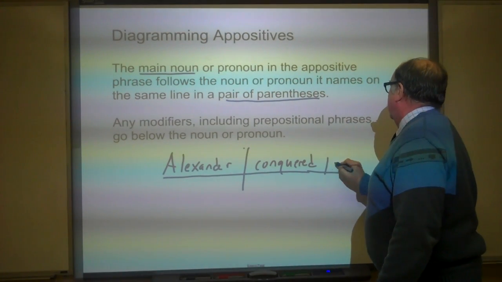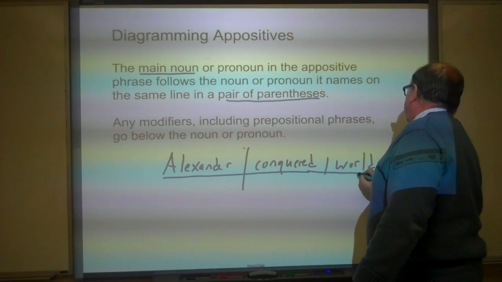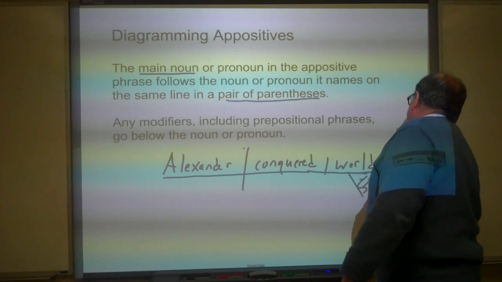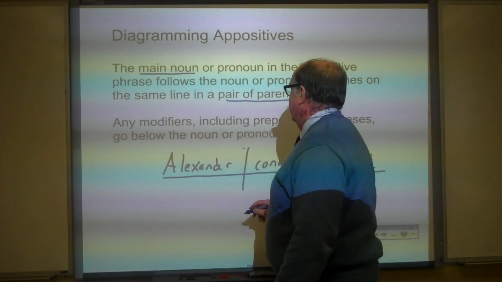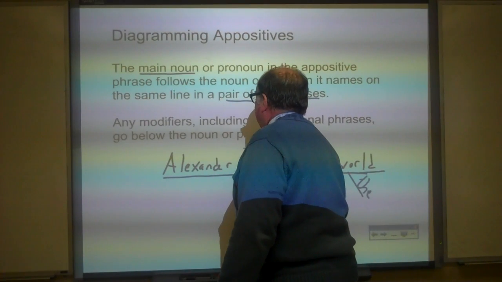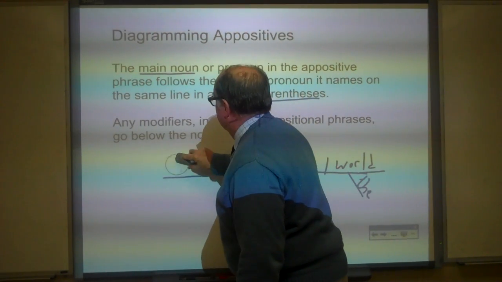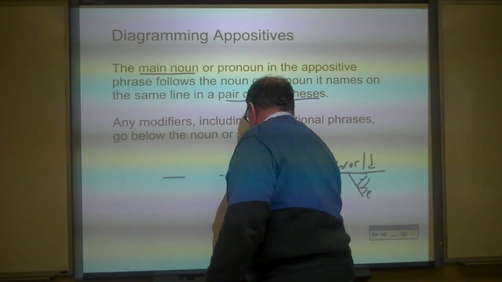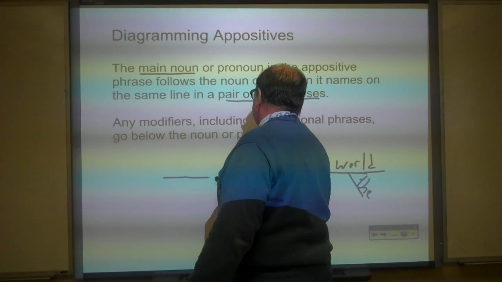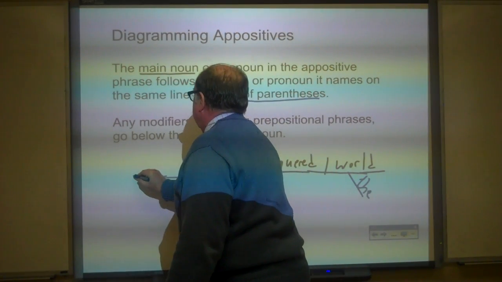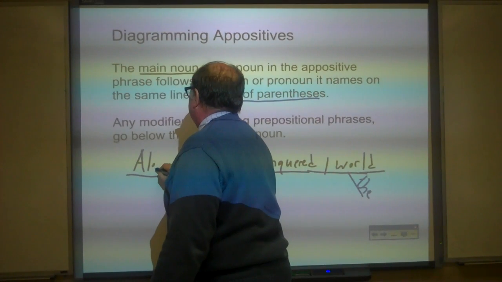Conquered, direct object, world. The modifies world. Ooh, Alexander the Great. So it's not just any Alexander, but Alexander the Great. Therefore, we need to leave room for the appositive.